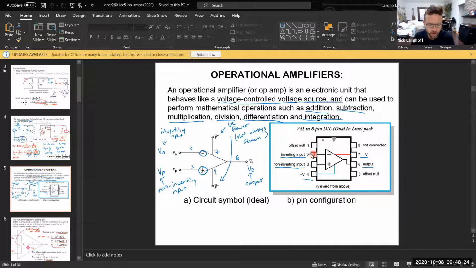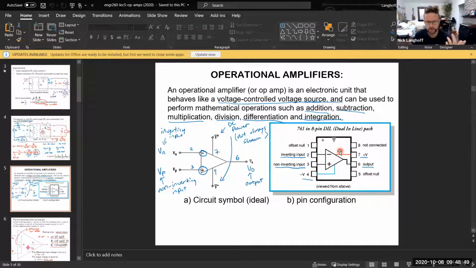A lot of times, if it's a single op-amp package, there are pins 2 and 3, and the output is pin 6. Then there are power supply pins. Remember, it's a powered device. The current out of the output pin of the amplifier comes from the power supply lines. And that's often pin 6 on a single op-amp package.